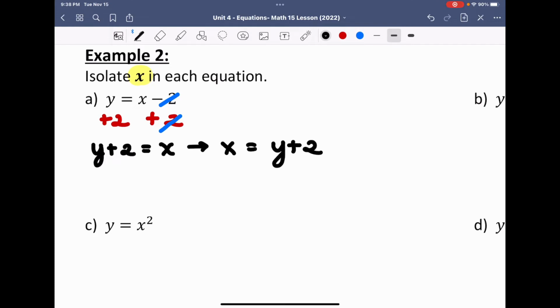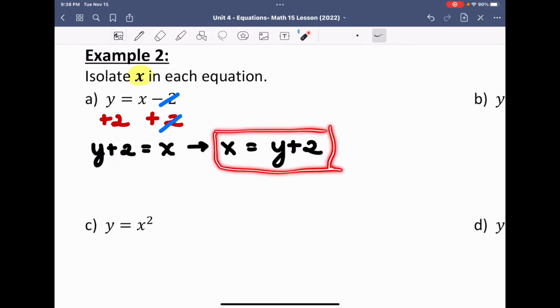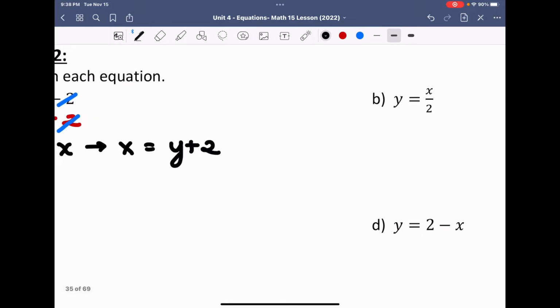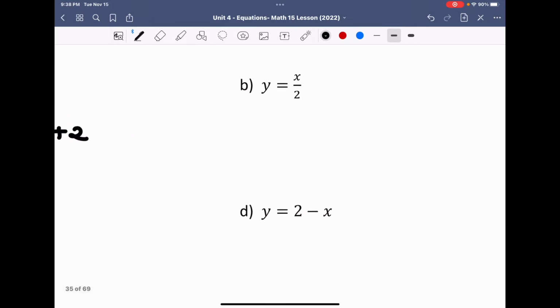That is also a-okay, and we actually know that this would be more common to any multiple choice or any diploma or final exam style questions. So just be more aware that our isolated variable typically appears on the left when it comes to answers. All right, now we go over to B. We have y equals x divided by some number, which in this case is 2. If we know it's being divided, then the opposite operation is to multiply it to both sides.